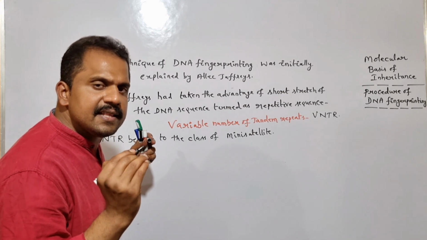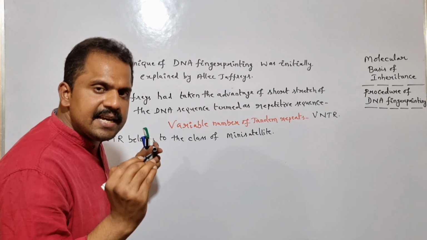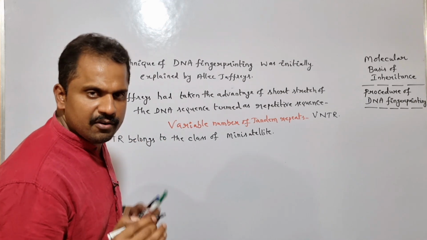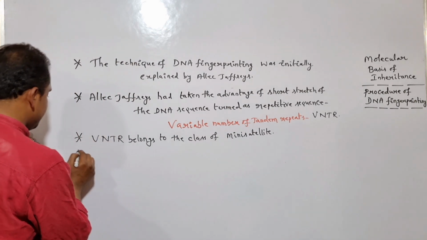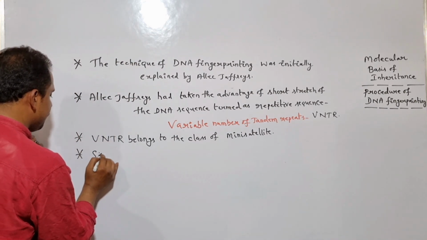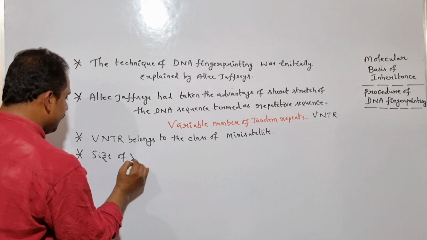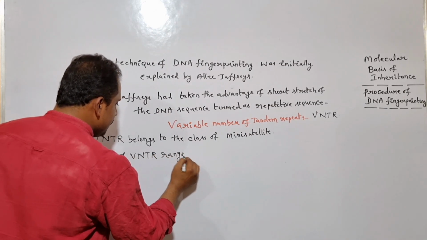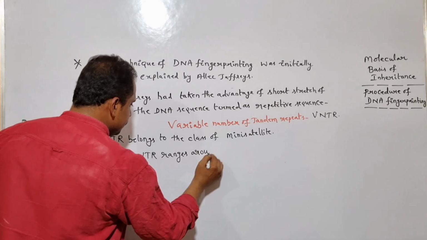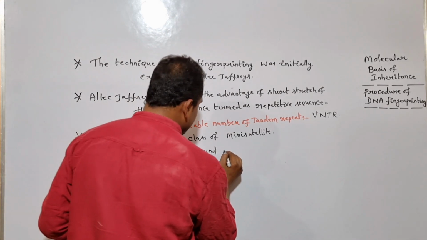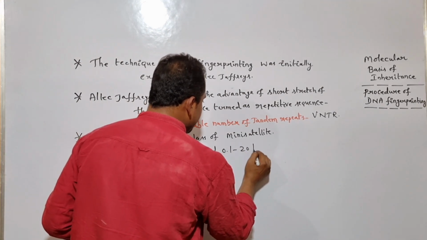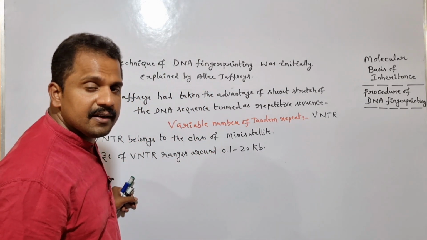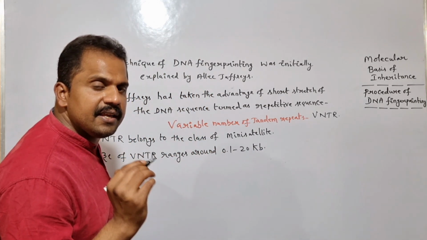If we consider the size of the VNTR, it ranges around 0.1 to 20 kilobases.